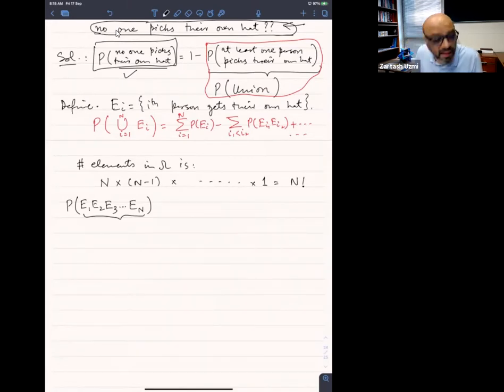So this is the event that everyone will get their own hat. What is the probability of this event? How many ways can this event occur? There is only one way. And how many points are in the sample space? It's capital N factorial. So this is the probability.